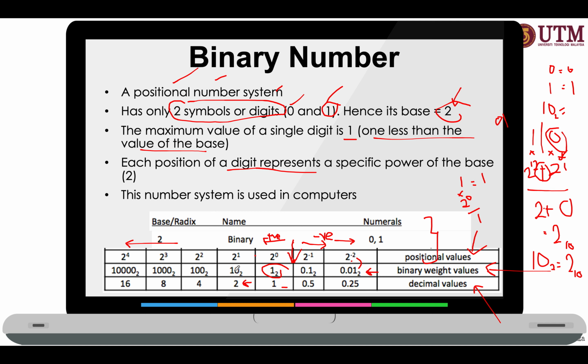If you have 1 0 for binary, you get decimal 2. Binary 1 0 0, you get decimal 4. And then over here 1 0 0 0 binary, you get 8 for decimal, and so on. You need to know how to calculate it using the simple method over here.